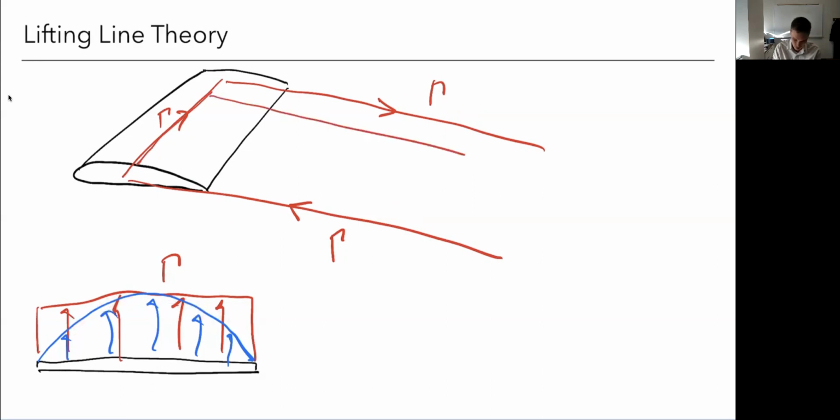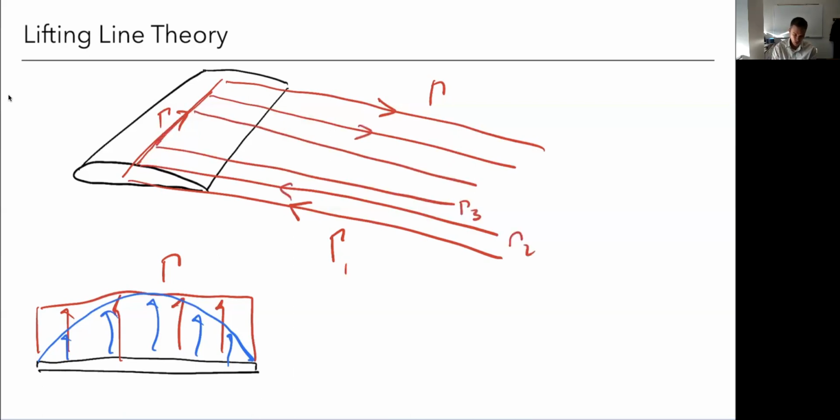So we could nest in additional horseshoe vortices, right? And we could just layer them on top. And so this one might have strength gamma 1, this one gamma 2, this one gamma 3. And in a discrete sense, if I drew another wing, this is going to create a blocky but somewhat better lift distribution, where it looks maybe like as follows.